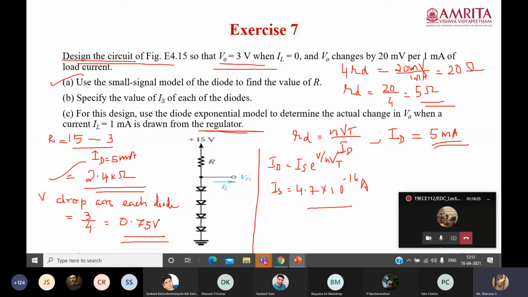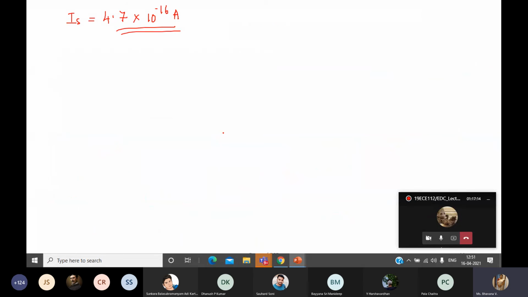We got it. Now we are in the last part. For this design, use the diode exponential model to determine the actual change in V0 when a current IL equal to 1 milliampere is drawn from the regulator. So what is given? IL is equal to 1 milliampere is drawn from the regulator.